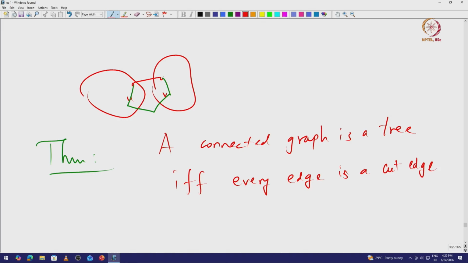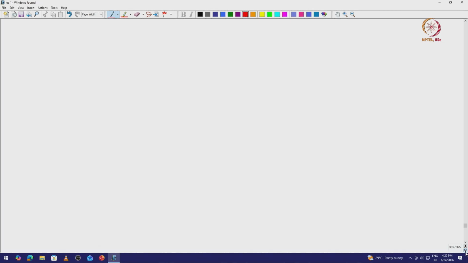Okay, so how do we prove this? You start with the tree and then let E be an edge inside this tree. So, since G is, let us say, your tree, this G is acyclic, that means it does not contain any cycle.